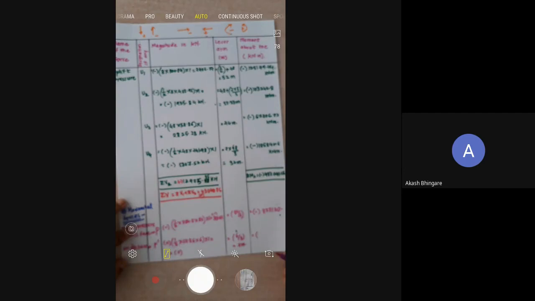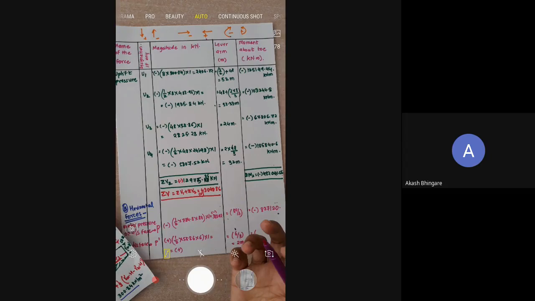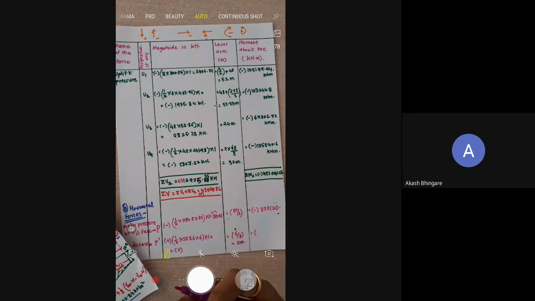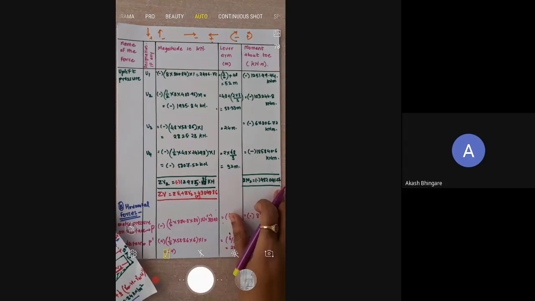Now what is the nature of movement? There won't be any hard and fast rule that because the force is acting towards reservoir, it will create an anti-clockwise movement or clockwise movement. You have to look at the figure and see the movement very correctly. Here you have to take the movement about toe.